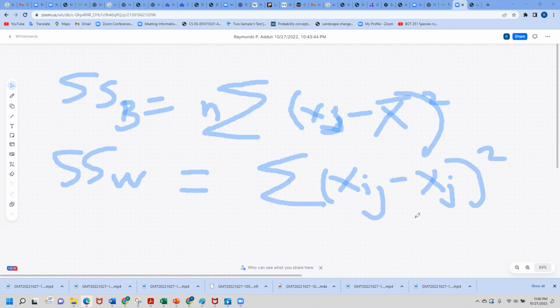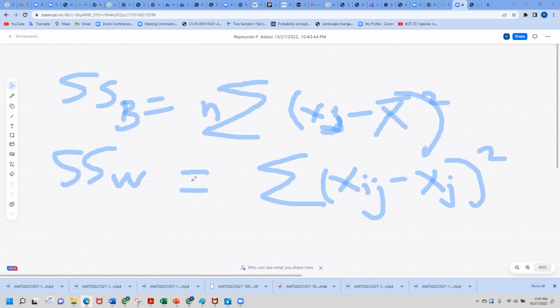So you get the sum of squares of each group, and then you have to get the sum for all groups. From our example before, xj is the average of the jth group, and xij is a member of the jth group, right? So you get the sum of all groups.